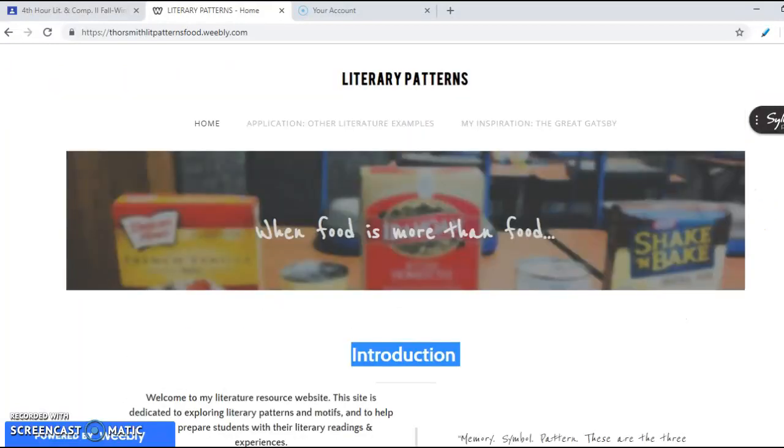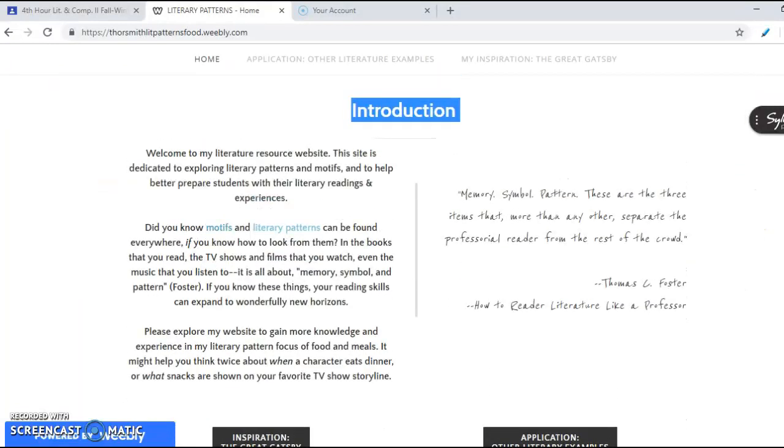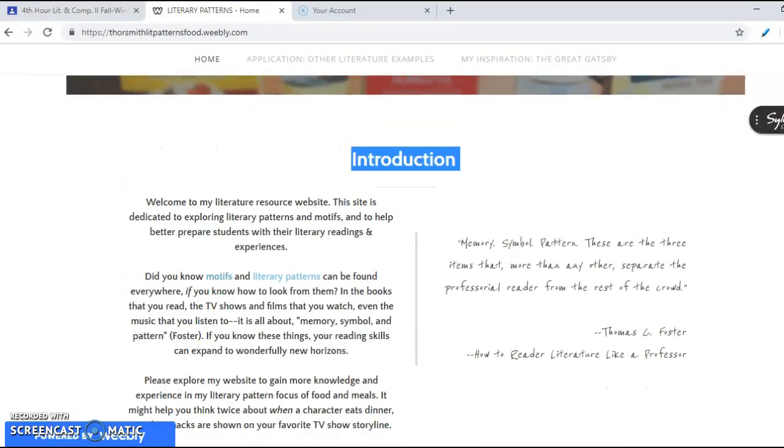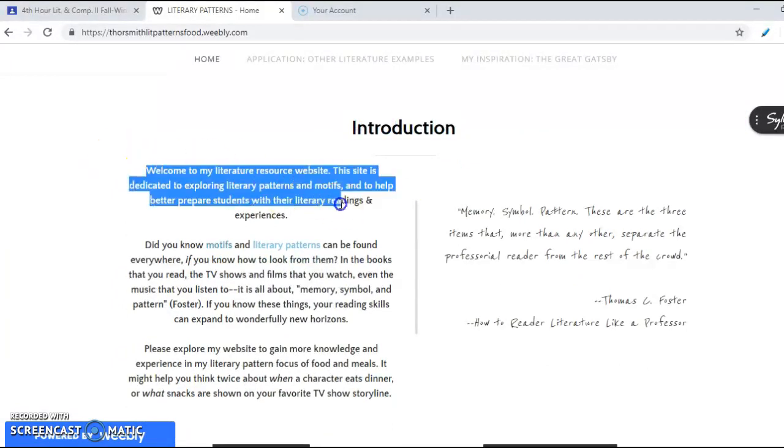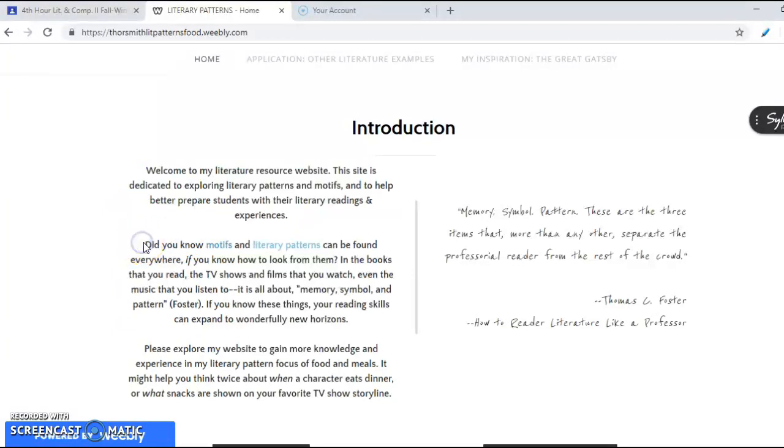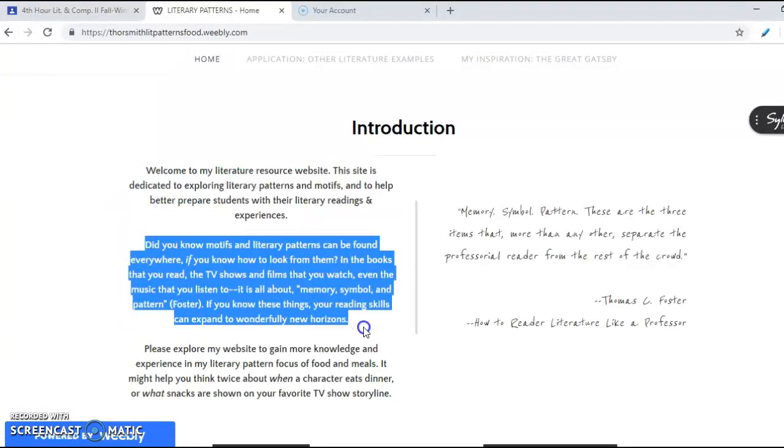My home page right now is actually kind of basic. It's not supposed to be overly done. It is an introduction. This first paragraph explains the purpose of the website. It's a welcome, but it's basically saying the purpose directly. The second thing is just a little bit of discussion to get the reader into the mindset of what I'm talking about.